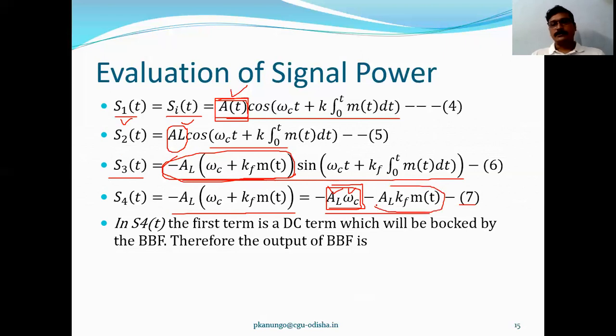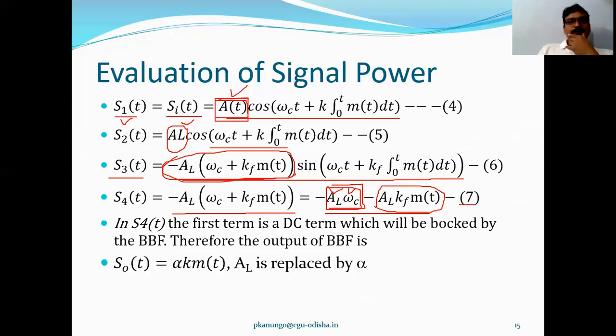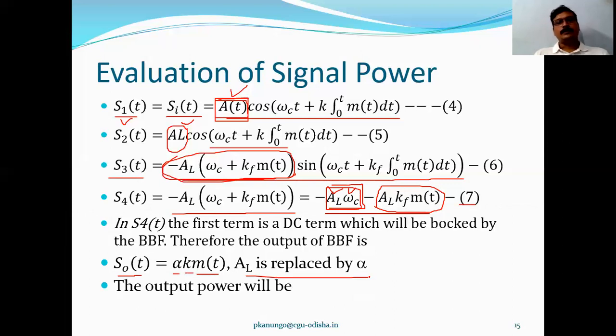Now we can assume that AL is equal to alpha and kf is equal to k. So S0(t) can be represented as alpha k m(t). The output power will be the mean square of S0(t), because the mean square value is my power.